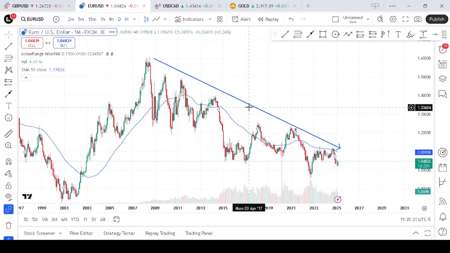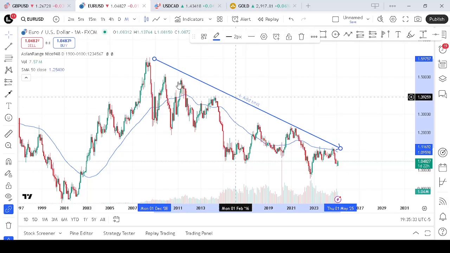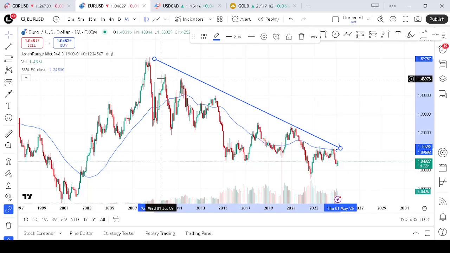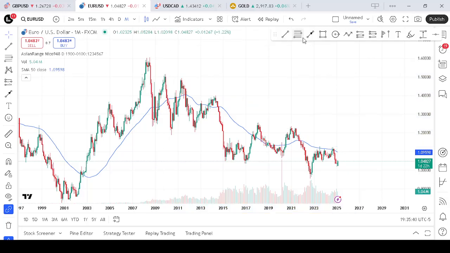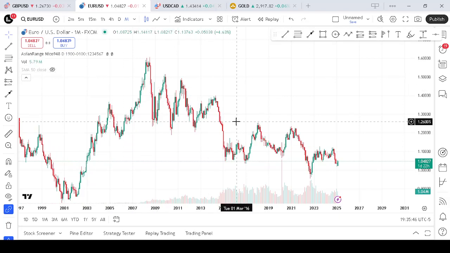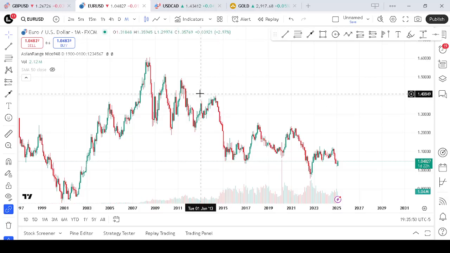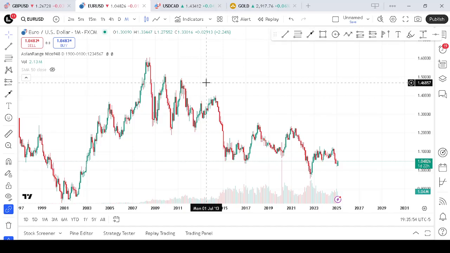Now the next way we can trade using the monthly forex framework is by using Fibonacci retracement levels. The second strategy involves using Fibonacci retracement levels. This method helps you identify potential reversal points in the market after a significant price movement.